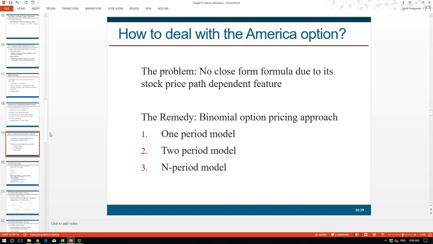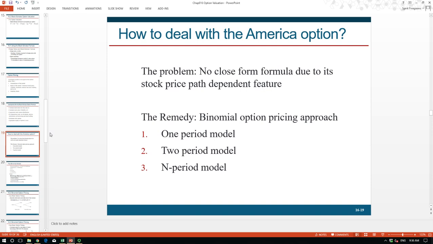So researchers worked in other areas and explored alternative approaches to price American options as well as other types of options.